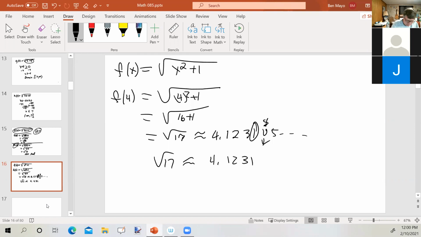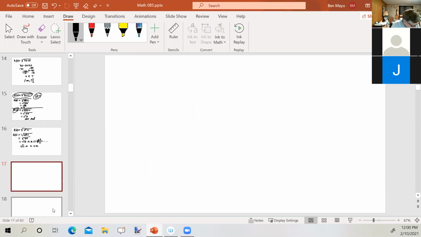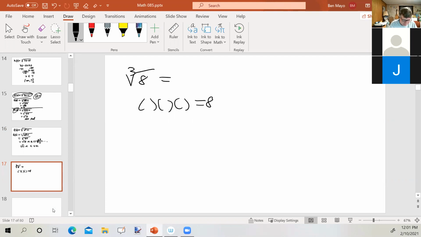All right. Let's simplify a cube root. What's the cube root of 8? What times itself is 8? Anybody? 2. Good. Because 2 times 2 times 2 is 8, or 2 cubed is 8. The cube root of 8 is 2.